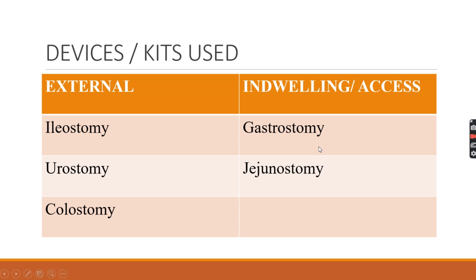That means an indwelling catheter can go inside the stomach or be present inside the jejunal lumen. Whereas external devices means we are only applying the kit over the anterior abdominal wall surface, in ileostomy, urostomy, and colostomy. Clear?